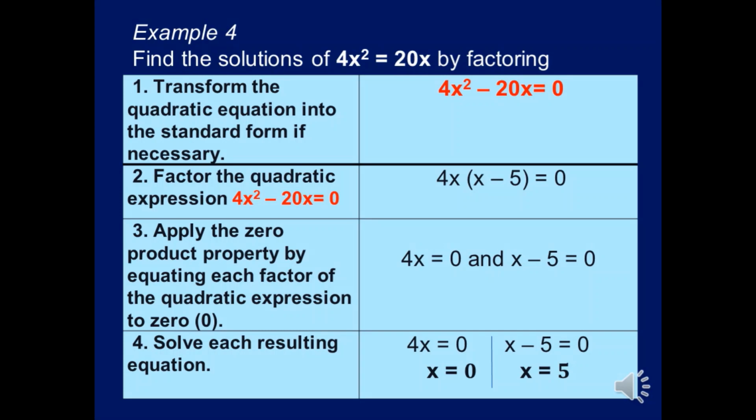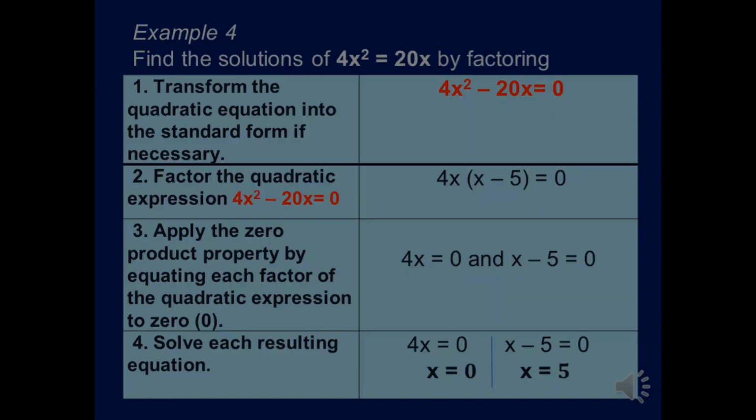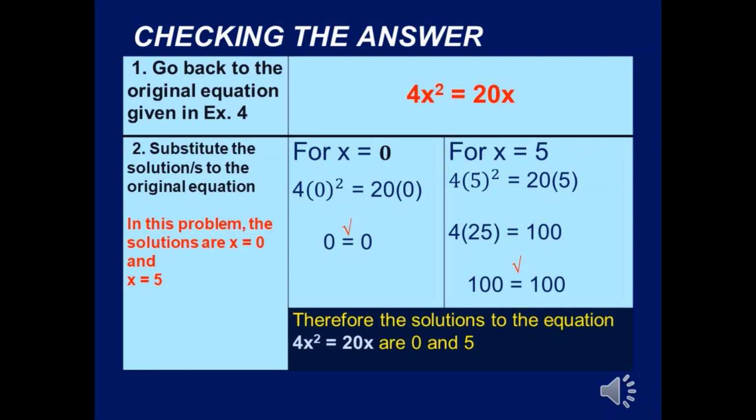Now, let's check whether these solutions satisfy the given equation. Let's check now our answer. Okay, so we are now ready to substitute our solution to the original equation. We have 4x squared equals 20x. That's the given equation.